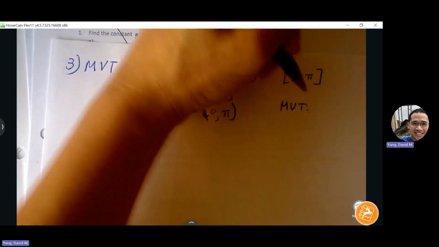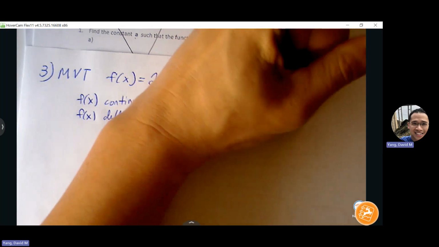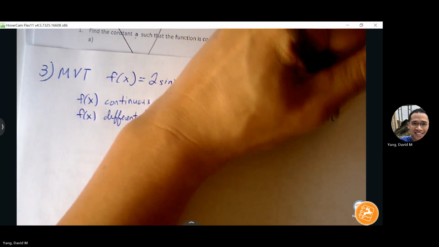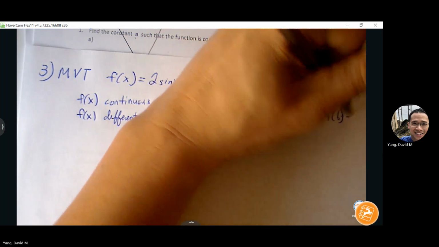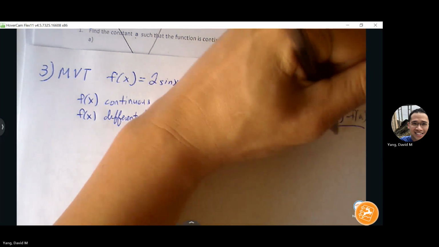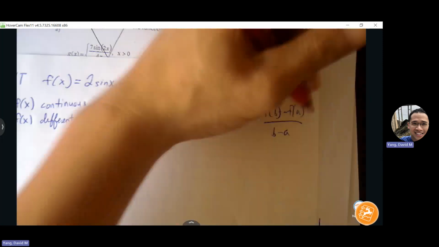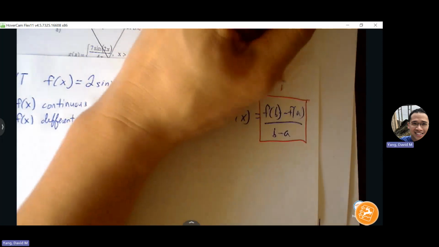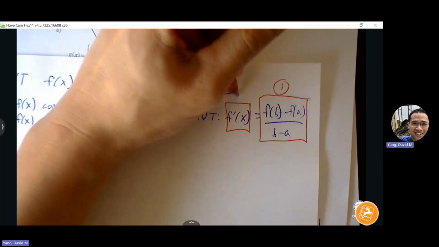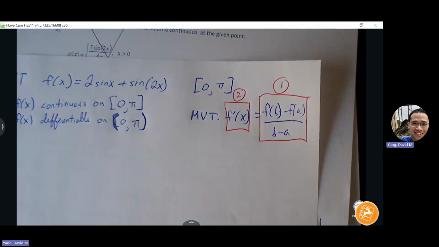Okay, so again, here's our formula for mean value theorem. Do this portion first, and then do the second, and then you can set them equal to each other.